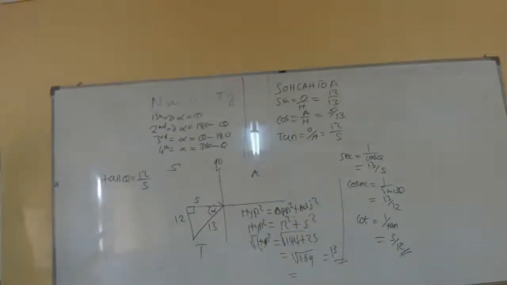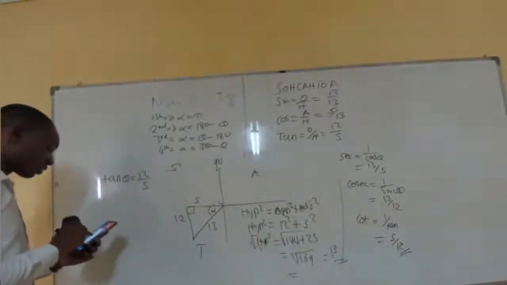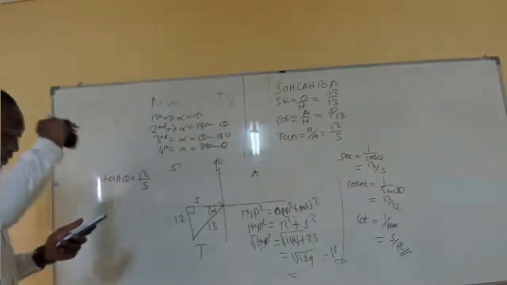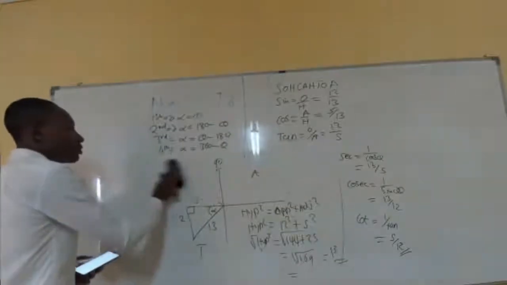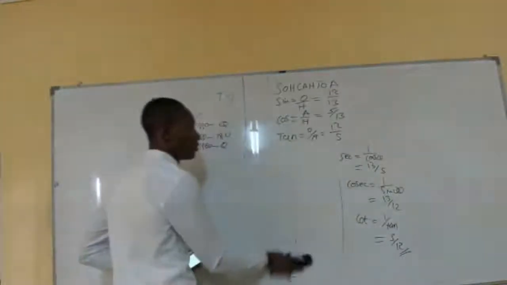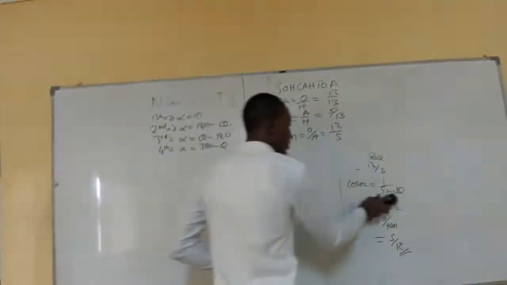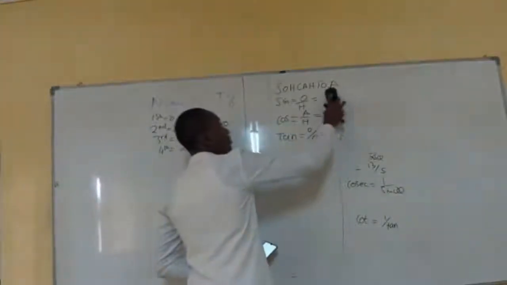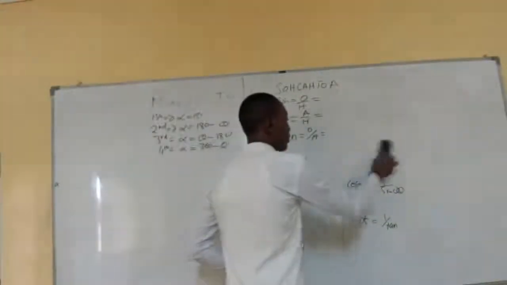Next up, the next question says cosec theta is -5/4 and sec theta is less than 0.